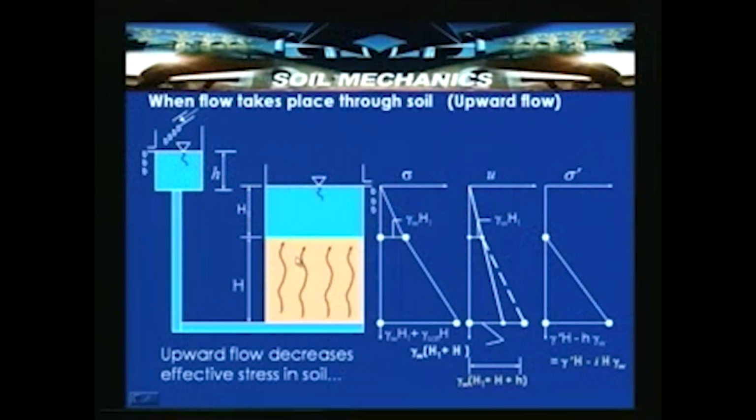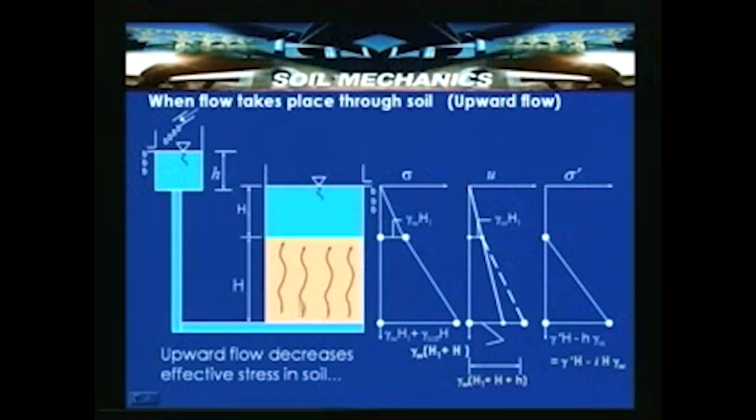So, when you consider case 3, that is the upward flow condition, when flow takes place through soil in the upward direction, if H is the head loss, then that drives the flow in the upward direction. When the flow is taking place from this point to this point, to enable the flow to take place, it loses the energy which is driving it. The energy which is available here will be lost here.